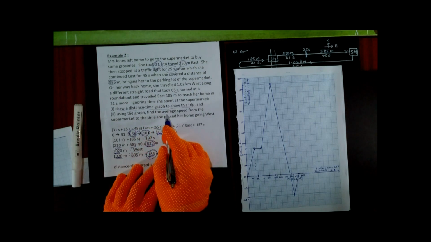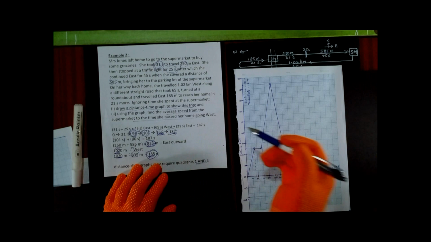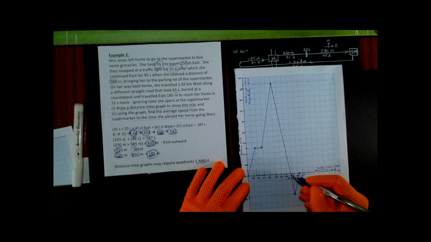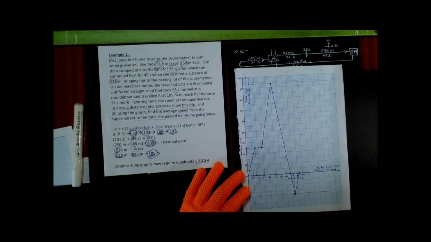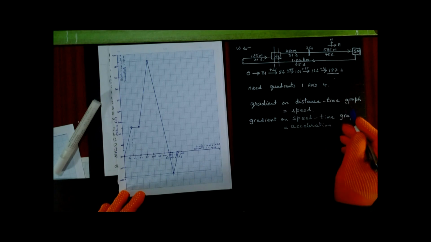And then we want to find the average speed from the supermarket to the time she passed her home going west. In other words, we want to find the average speed from here to here. Now the gradient on a distance time graph is the speed.